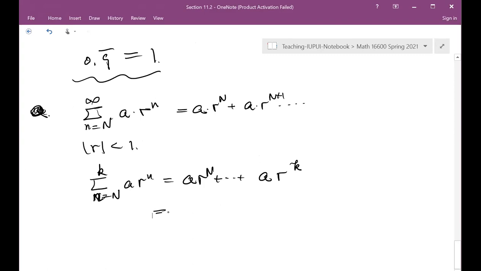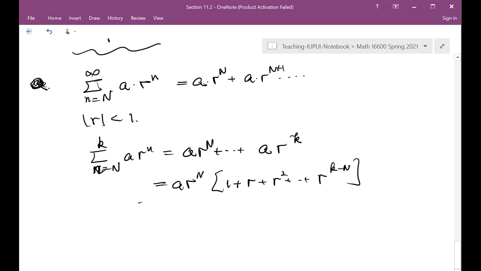You take the first term out, and then you get a 1, here's r, here's r squared, depending on how many, here's r to the power k minus n. So you have this many terms, and those can be combined. It's 1 minus r to the k minus n plus 1.